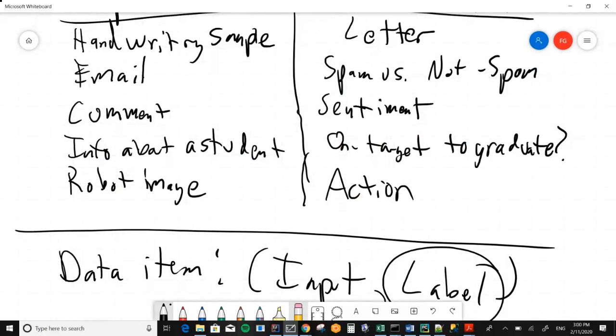So, using the API, researchers have downloaded millions of tweets and assigned sentiment based on the emoji included in the tweets. If a tweet doesn't have an emoji, it just throws it out.